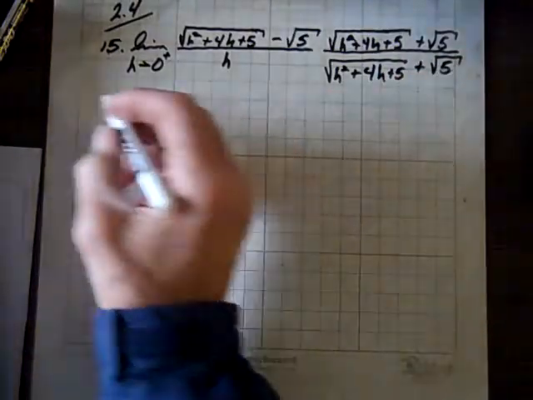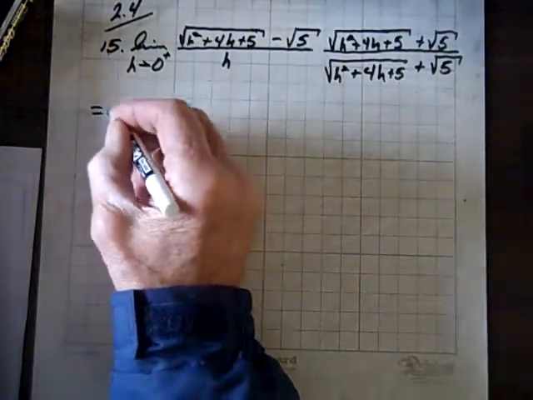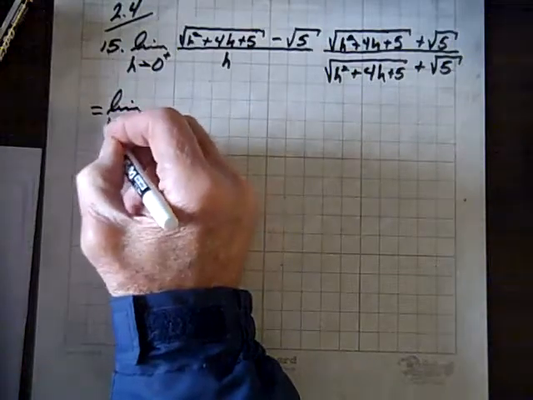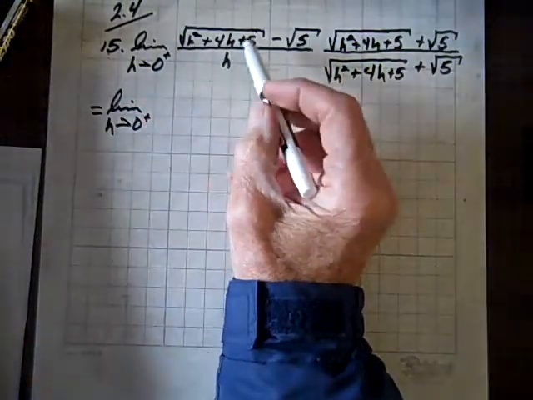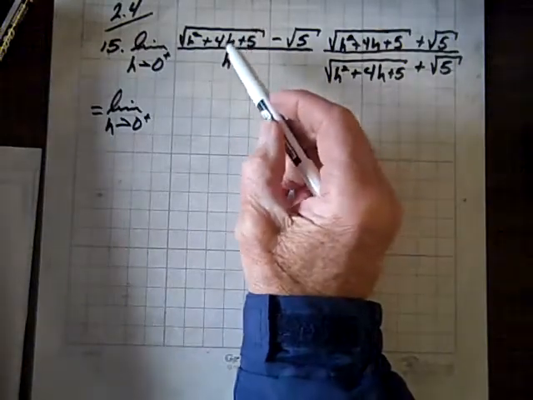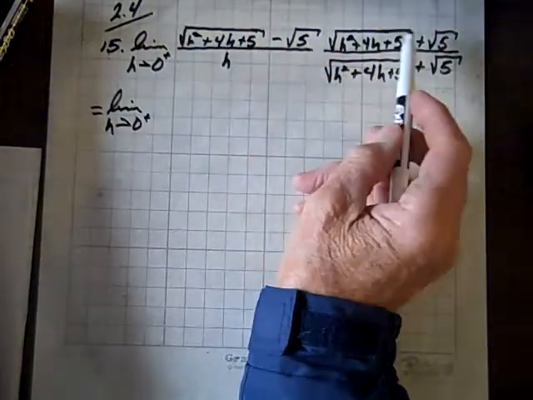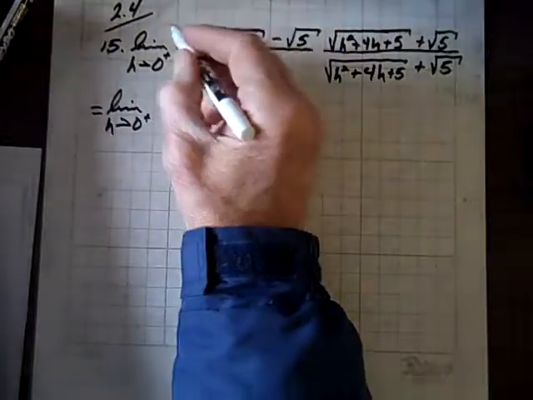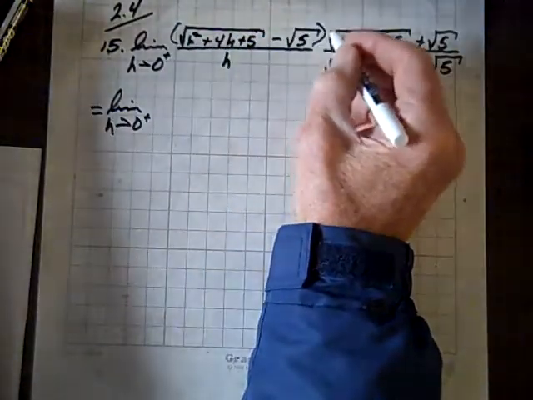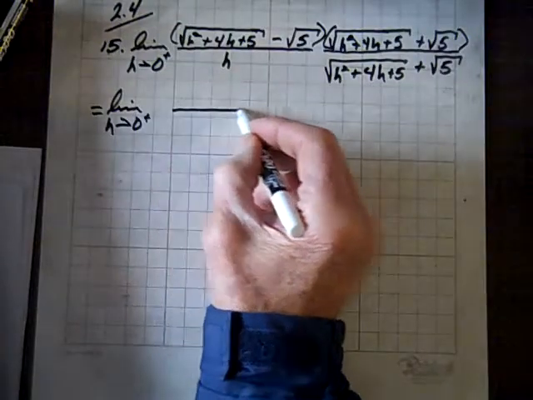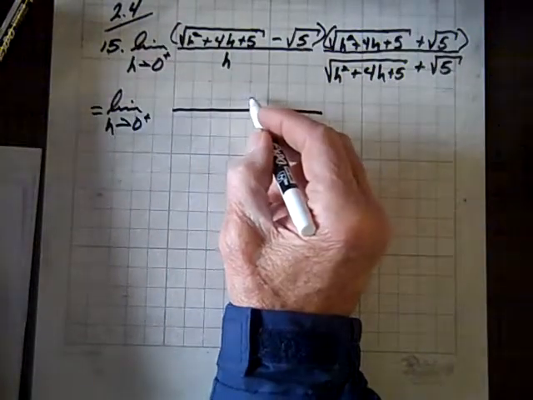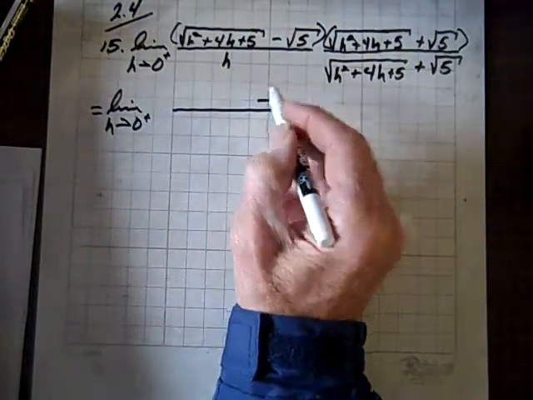Okay, so now this equals the limit as h goes to 0 from above. And the difference of two squares theorem tells us that if we find the product of these two quantities, we can simply lift the radicals off and put a negative sign right here.